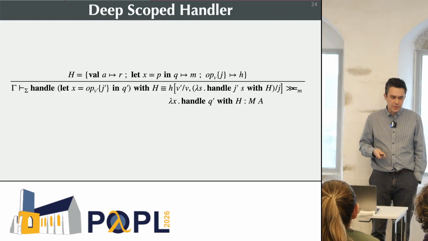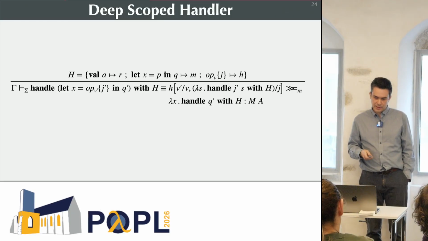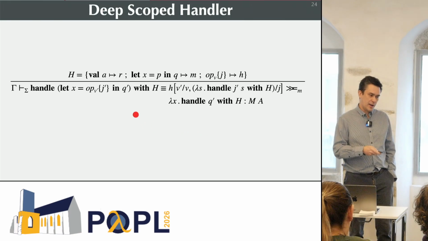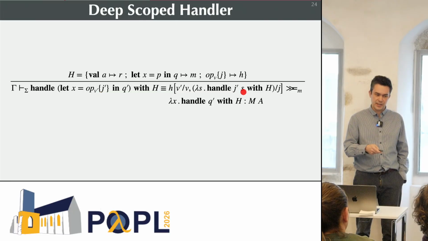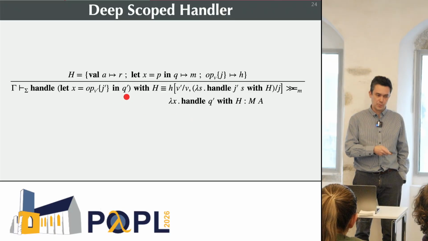So the deep scoped handler looks something like this, where essentially we want to take care of the let op version of things. The idea is that we reinstall the handler under each of the jump parameters here, where we reinterpret all of those. Once we've finished interpreting all of the jumps, we then bind onto the interpretation of Q prime.